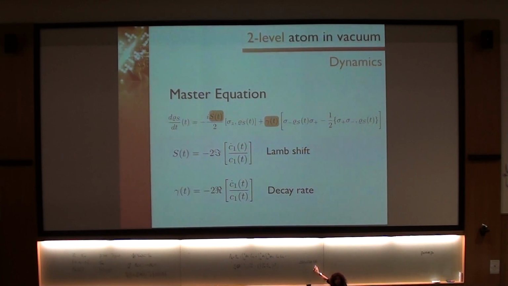And this is the time derivative, sorry, C1 dot of t is the time derivative of C1 of t. So when I consider the ratio between the two, the initial condition goes away. So neither the decay rate nor the Lamb shift depend on the initial condition, as it should be, because the master equation should be independent from the initial condition itself.